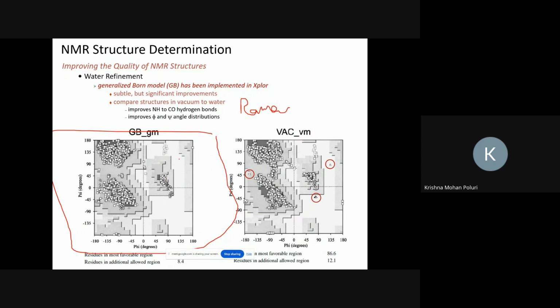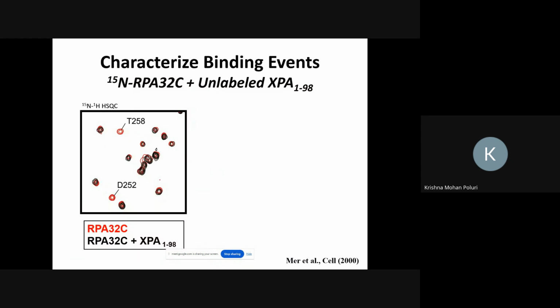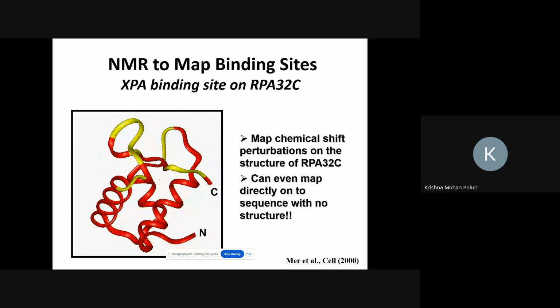If your residues or your constraints are not falling there, that means you have done something wrong. And the best way is you go back, redo the analysis, and then correct the structures.